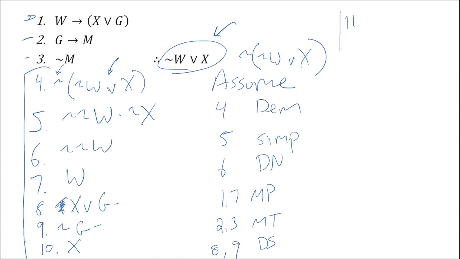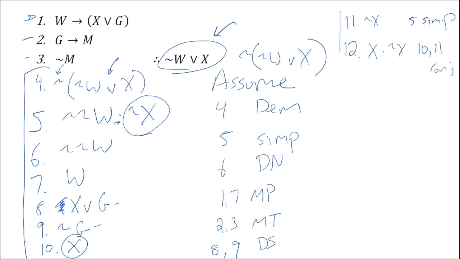So line 11, I see something useful here. I've gotten to X. I also have a tilde X over here on this dot. And so I can simplify that off. So that's 5 simplification. And now I can put together my contradiction. X dot tilde X, and that is from 10, 11 conjunction.